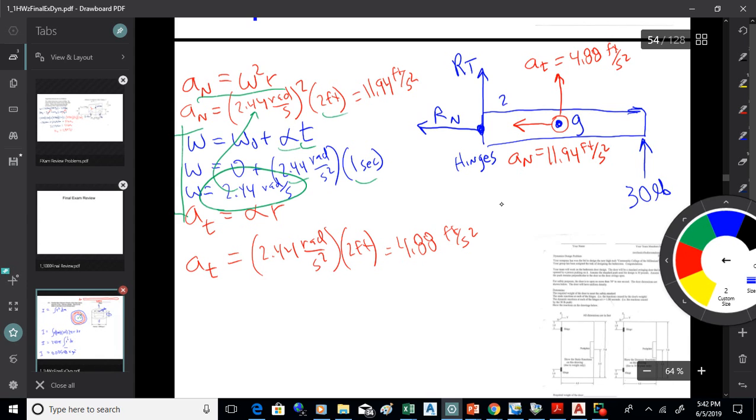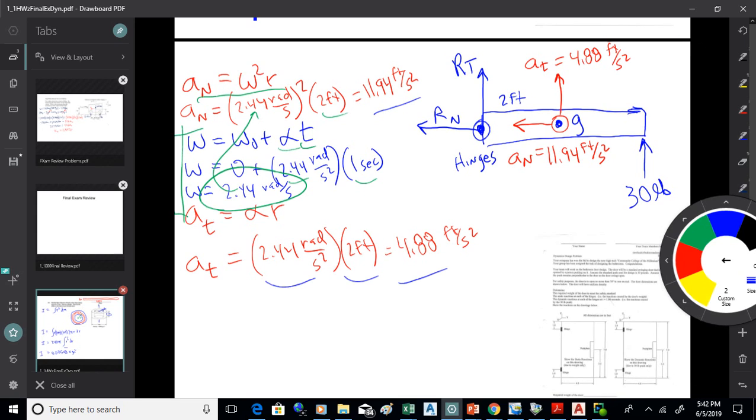The 2 feet is the distance from the hinges to the center of gravity, because the door's rotating around the hinges. So the radius is from the hinges to the center of gravity. We multiply that out, and we get the normal acceleration, which is in from the center of gravity towards the hinges. The tangential acceleration is just alpha times that 2-foot distance. It's 4.88.